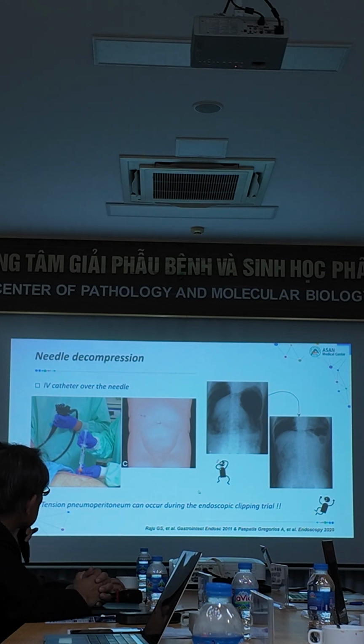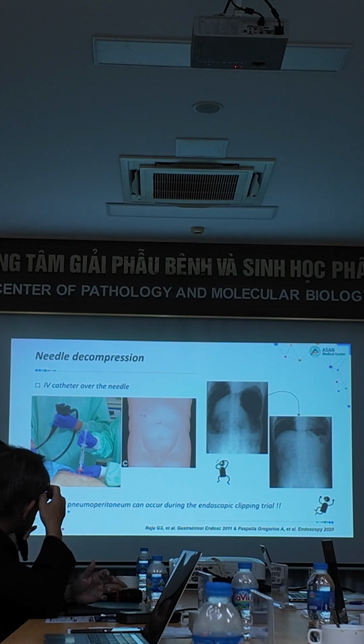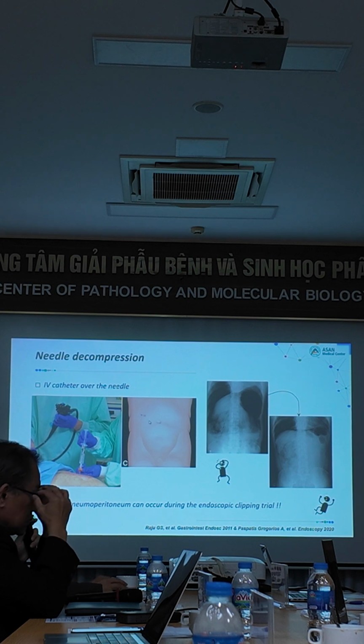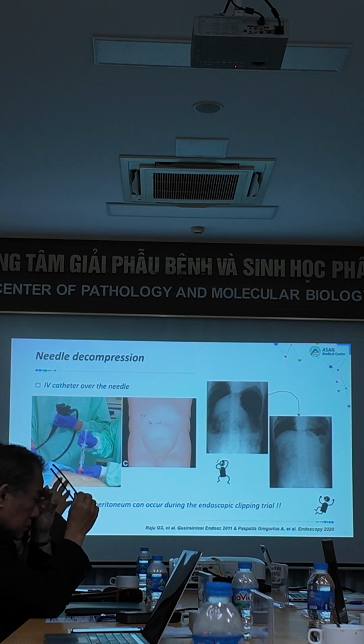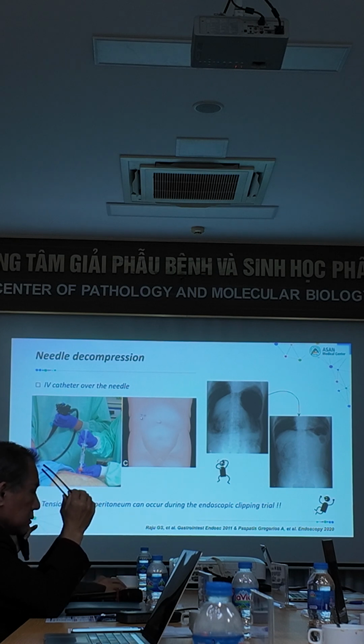So you must be very careful. If the clipping trial can be long, then you should perform needle aspiration first, so that leaked air can go out through the IV catheter.